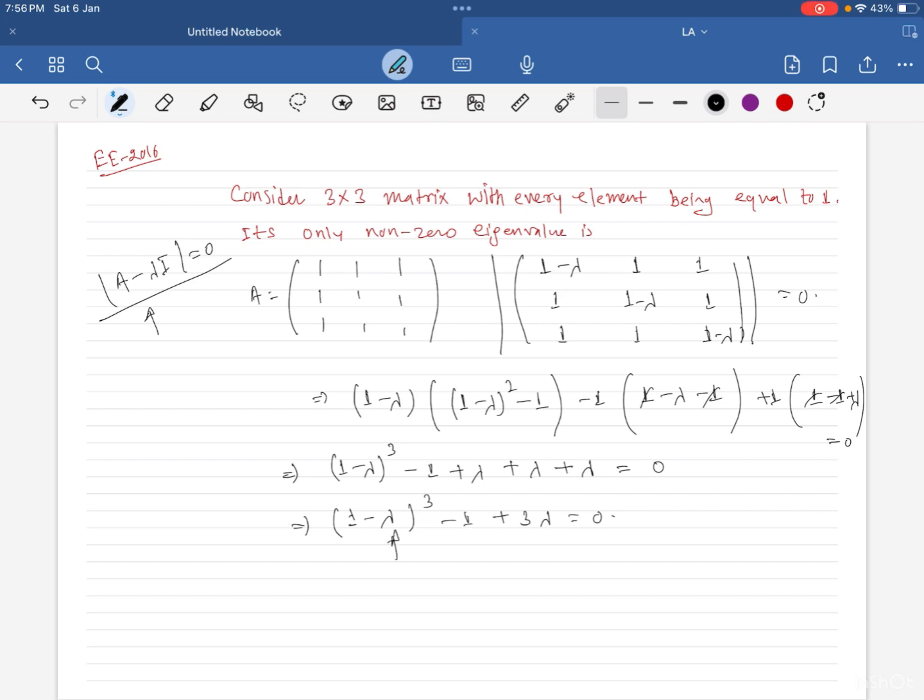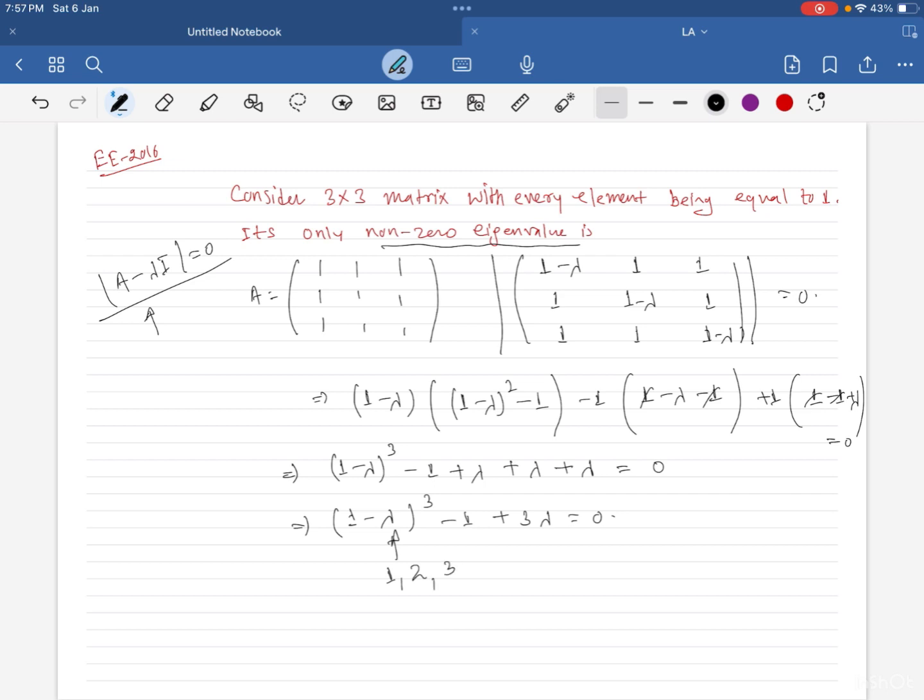Here we can take lambda equal to 0, then obviously that is going to be 1 minus 1, which is 0, but we have to take the non-zero eigenvalue, right? So maybe we can try with 1, it will not equal 0. We can try with 2, so 2 minus 1... that is minus 1 minus 1, that is minus 2.